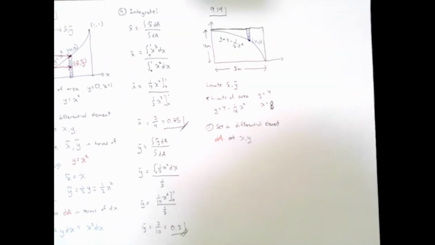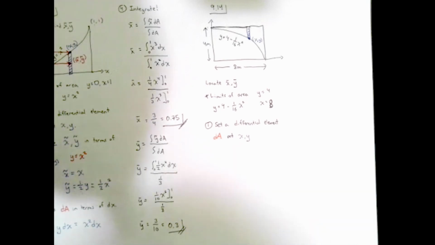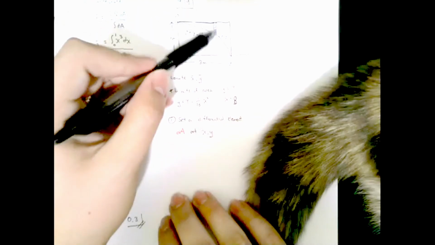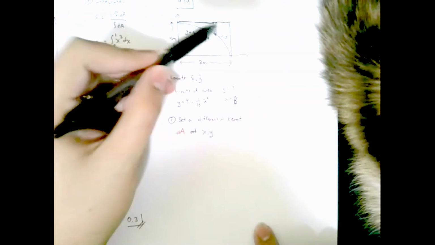Quick question, Professor, before you go on. Why would it not be going down? Because remember that the differential element is part of this shape, right? So the element has to be located on the shape itself.